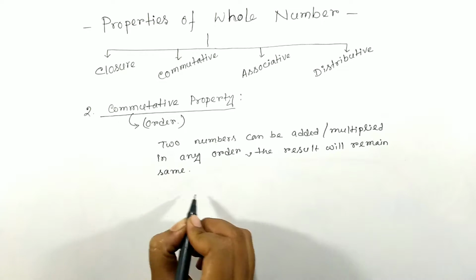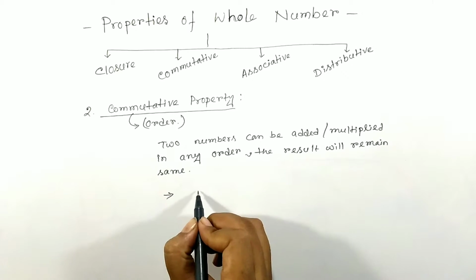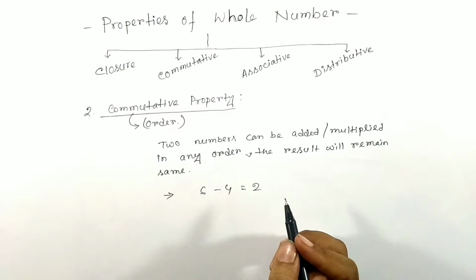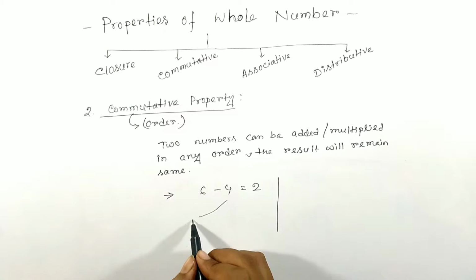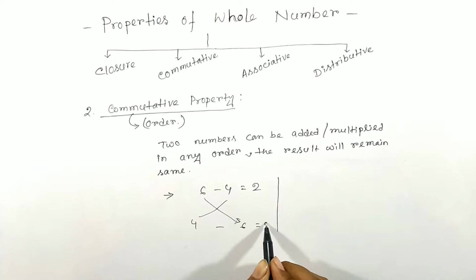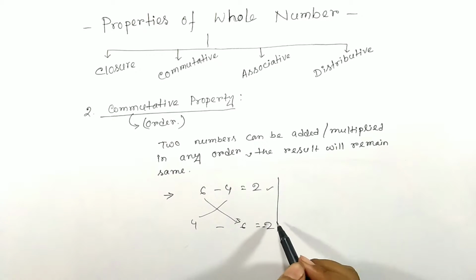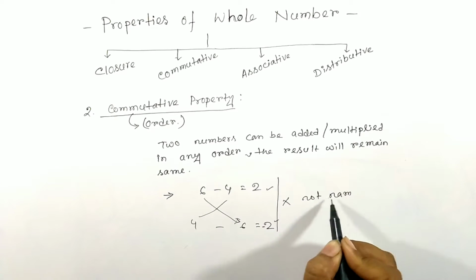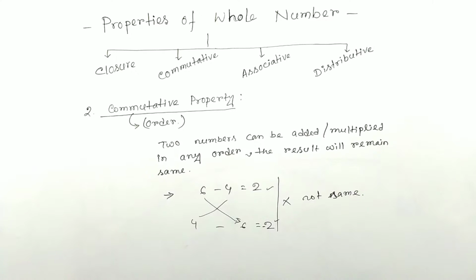If you check the subtraction, 6 minus 4 equal to 2. But if you change the order, like 4 minus 6, you will get minus 2. 2 and minus 2 are not the same. So subtraction never follows commutative property.